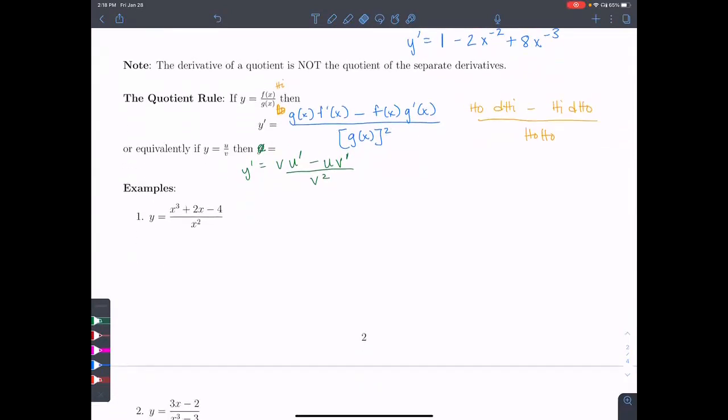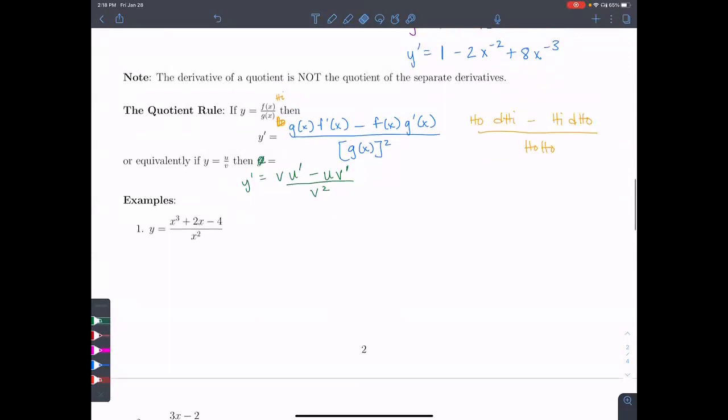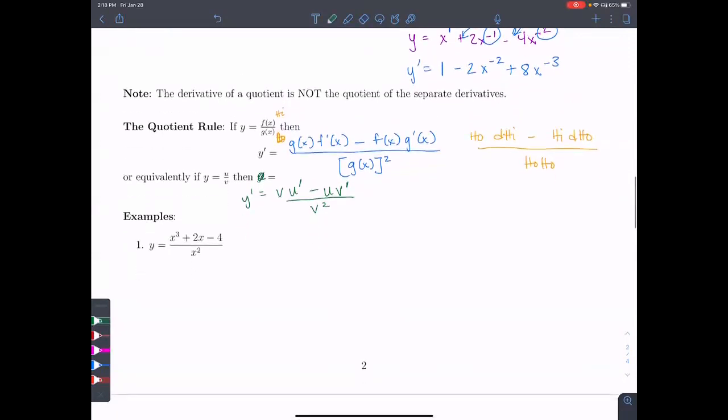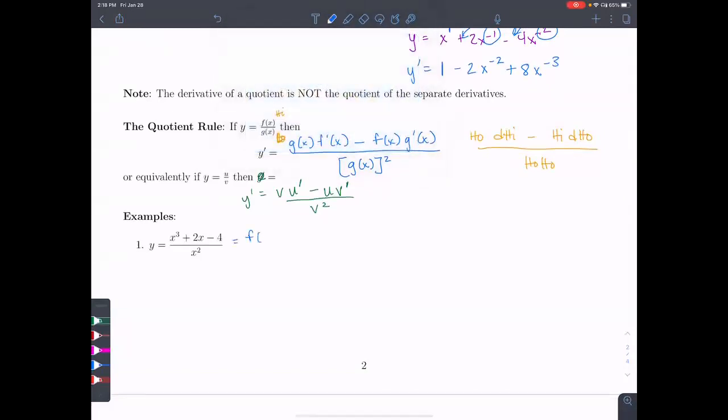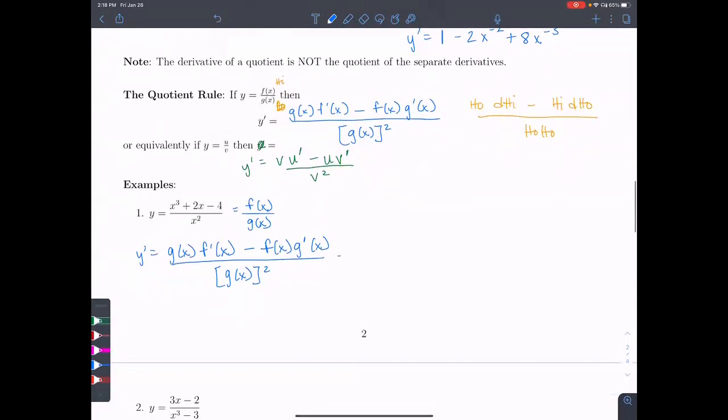Okay, so let's do this with the example we just did and make sure we get the same thing. This is f of x over g of x. So y prime is going to be g times f prime, low d high, minus high d low, the derivative of the lower function, divided by low low. So square that bottom. Thankfully you don't have to simplify here, which is really nice.